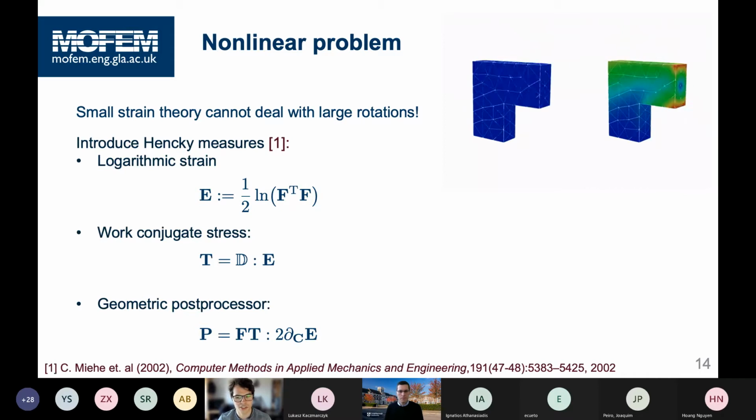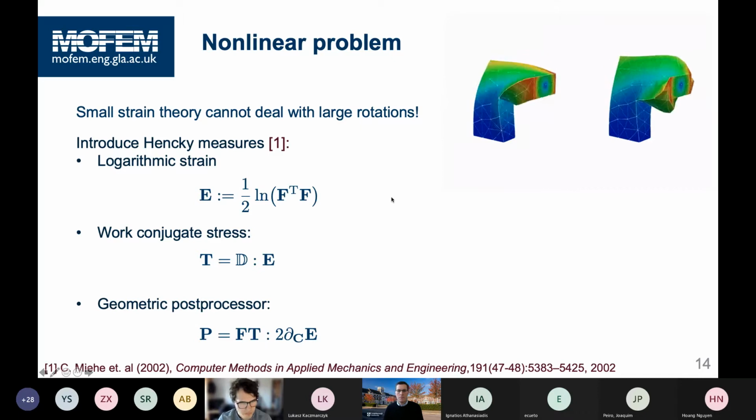In order to mitigate this issue, we can introduce finite strain formulation. So in that case, we will use a simple Hencky stress measure that can properly take these rotations into account without generating any spurious strains. This approach makes it possible to extend classical small strain constitutive relation into the finite setting that we need. It is applicable when we deal with large rotations and moderate strains and effects like plasticity. But in that case, we just consider the elastic part. So as you can see, the logarithmic strain is defined as a logarithm of the product of our deformation gradient.